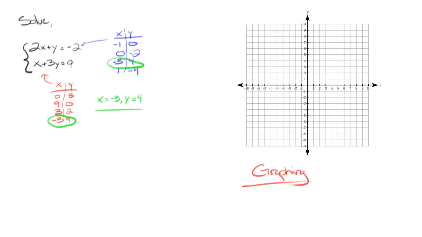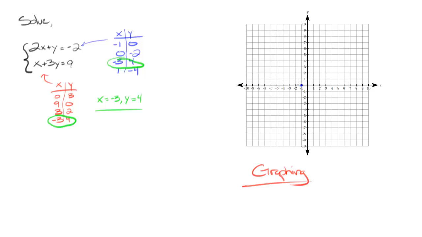Alright, what I'm going to talk about now is often the first method that we talk about solving these, not because it's the most efficient, but because it usually makes the most sense. I'm going to talk about graphing these equations. First of all, I'm going to graph this first one. I could put this in slope-intercept form, but since I already have some solutions here, I'm just going to graph it based on that. So I'm going to graph these intercepts.